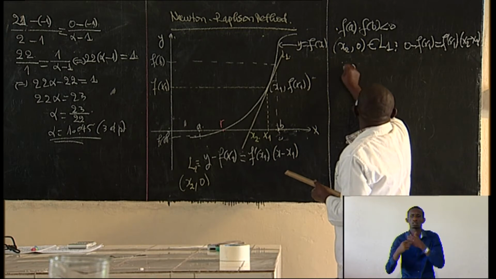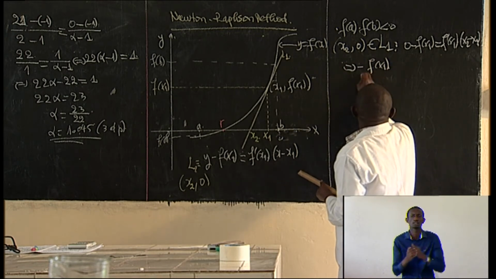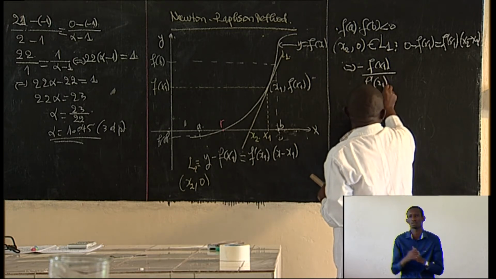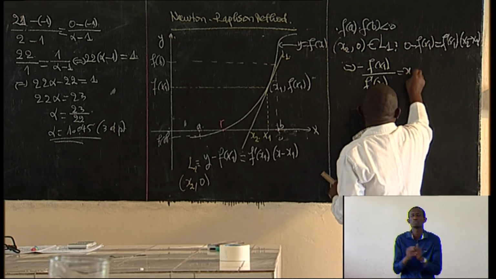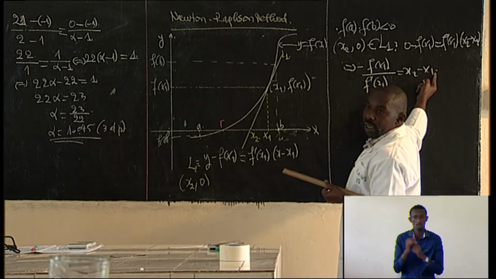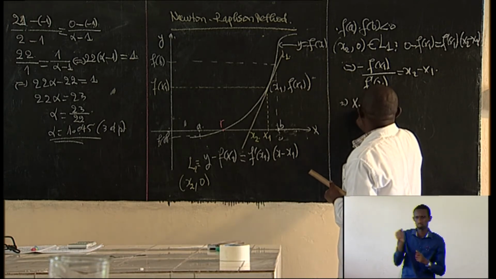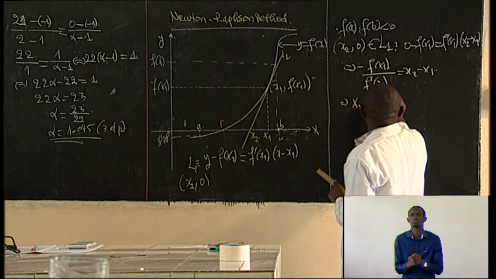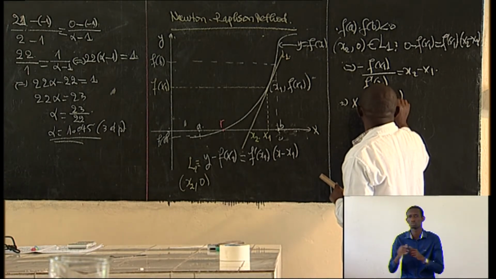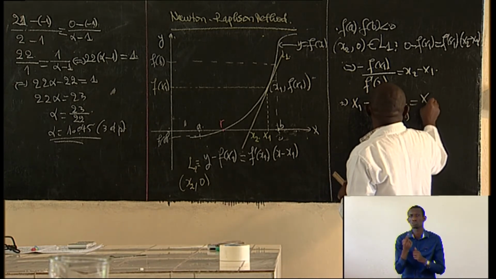Means that minus f of x1 divided by f derivative of x1 is equal to x2 minus x1. If I move x1 to the left-hand side, I'll be having x1 minus f of x1 divided by f derivative of x1, which is equal to x2.